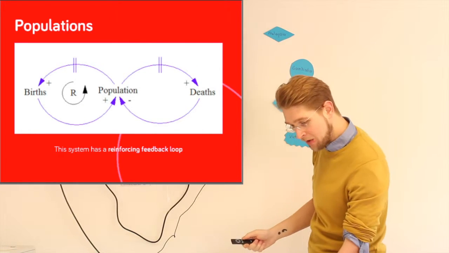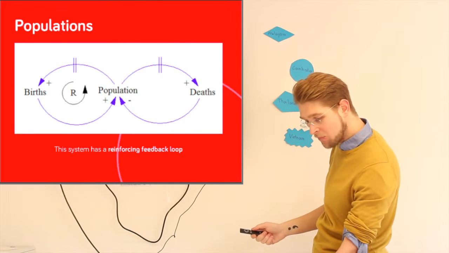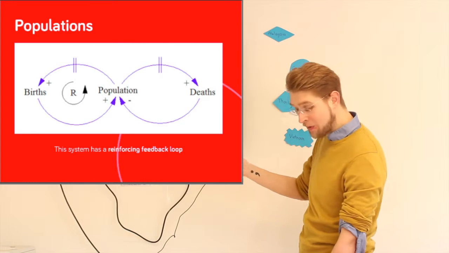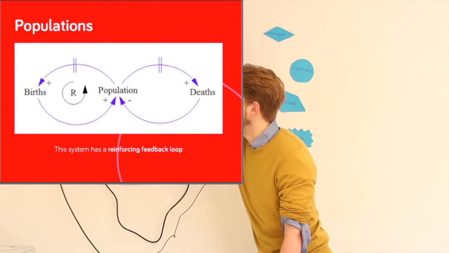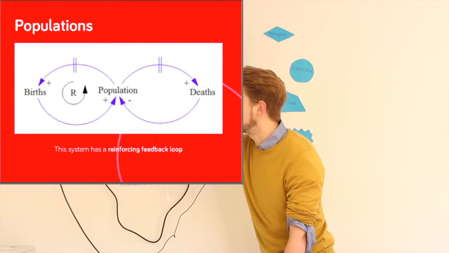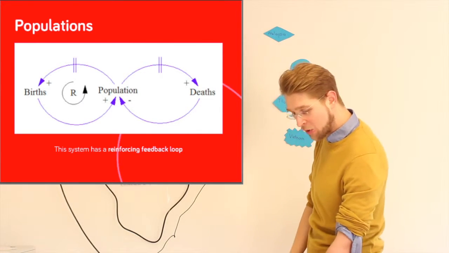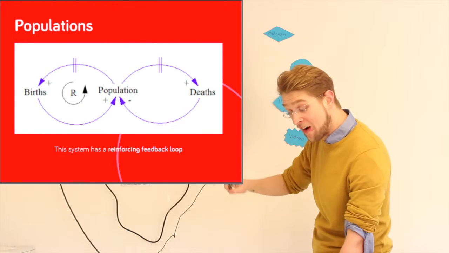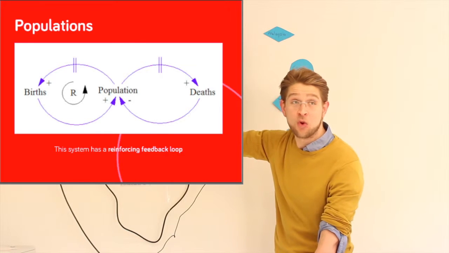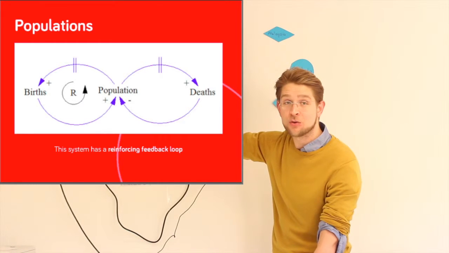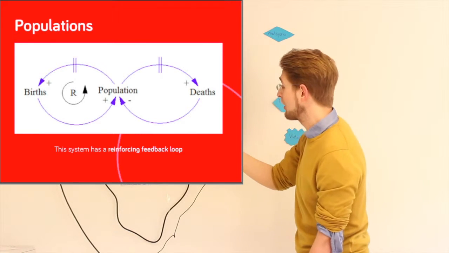Or we could say that via the interaction with population, more births today means more births in the future. There are different ways of reading what that reinforcing looks like. Or we could say, via an interaction with birth, an increase in population today will lead to an increase in population in the future. So there's quite an interesting dynamic that evolves around that.